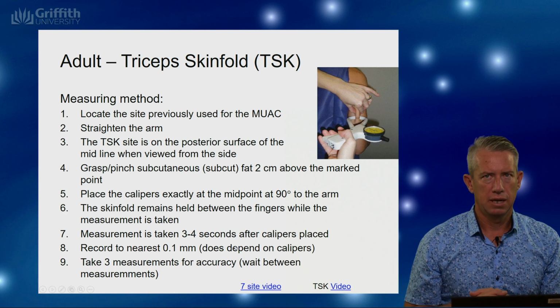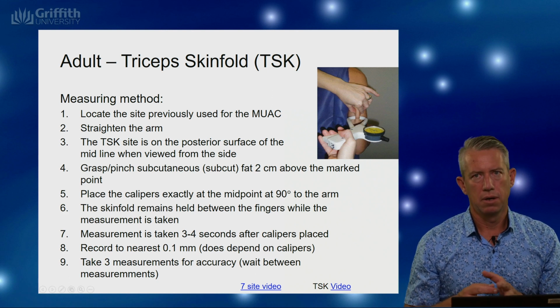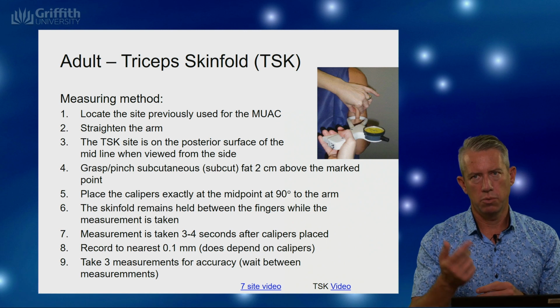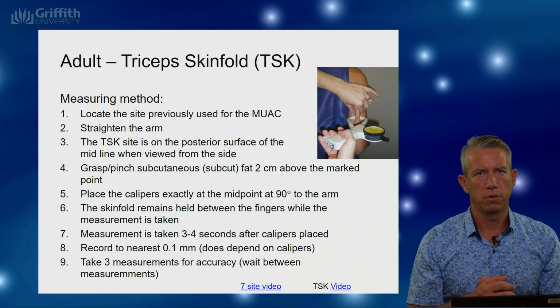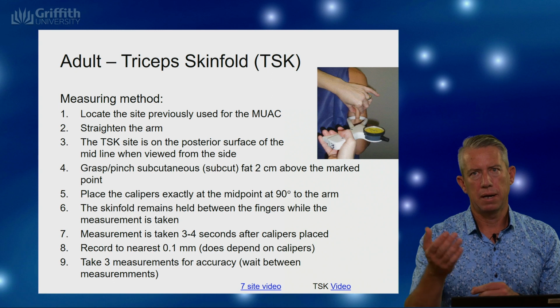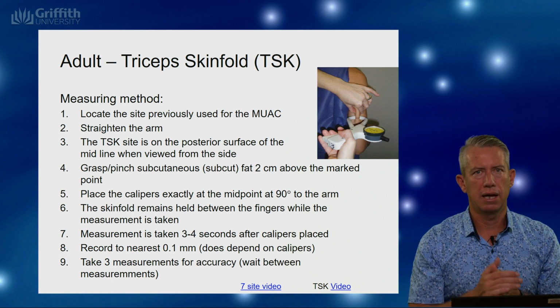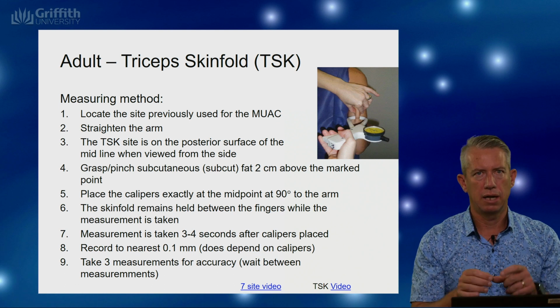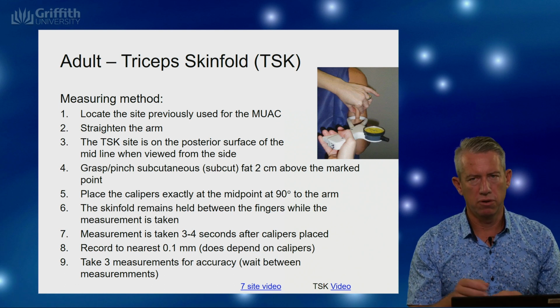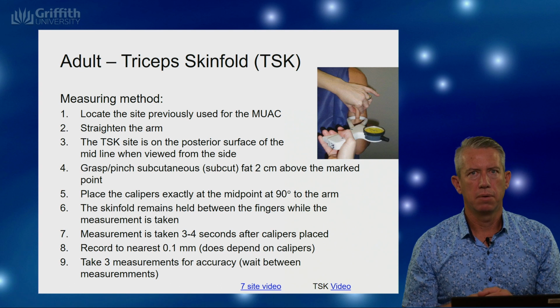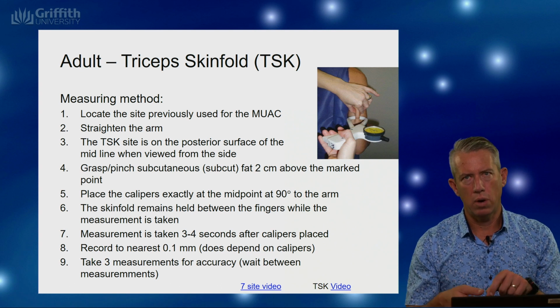But basically, it's the midpoint of the upper arm. So similar to where you take the circumference around for the mid-upper arm circumference, but it's the point on the back of the arm, and we make a measure, and you pick that area up and you put the skin fold calipers 2 centimeters away from where you pick up.